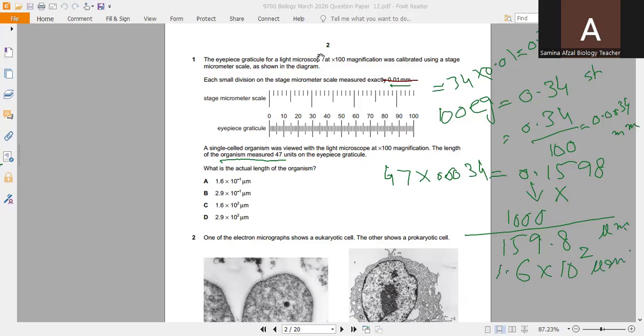So it is very close to this answer. So C is the correct answer.